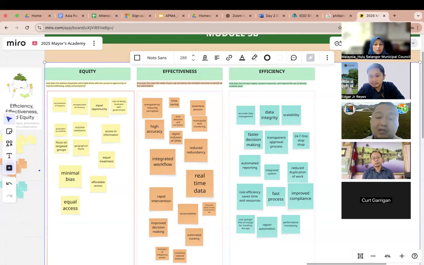And of course, we want to ensure there's data integrity, so that we could respond quickly for policy decisions, as the world is moving very quick. We are hoping to get data also quicker. And in terms of equity, again, our target is to make the government available to all the Carmenons, regardless of location, time zone, particularly again to support many of our overseas Filipino workers.